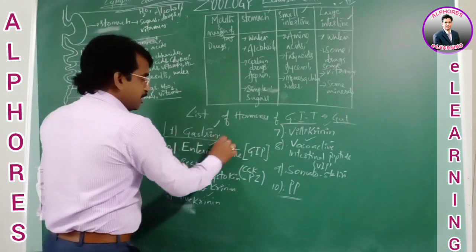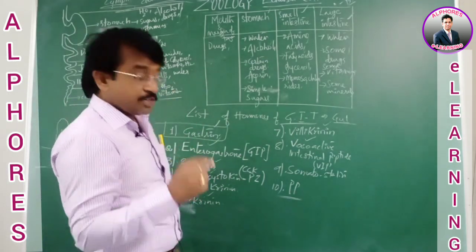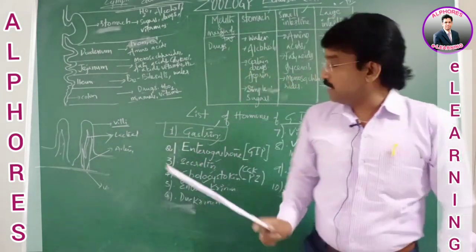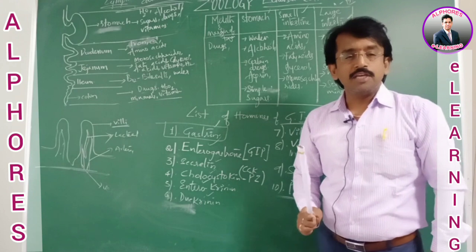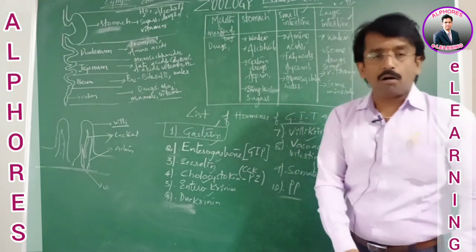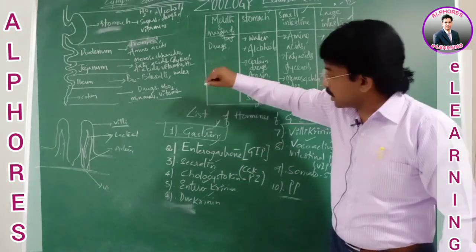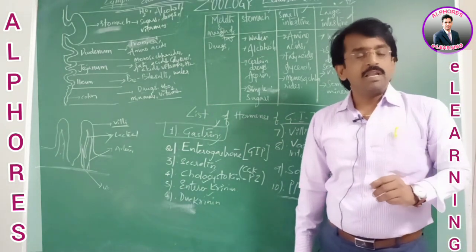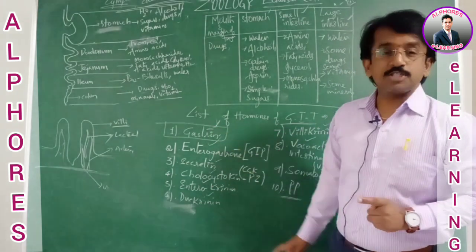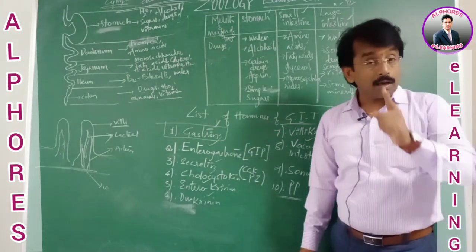First of all, gastrin. Gastrin is a hormone secreted from the gastric mucosa, or the epithelium of the stomach, particularly from the pyloric part of the stomach. Gastrin is secreted from G cells.